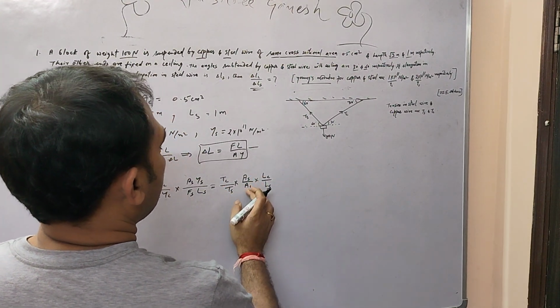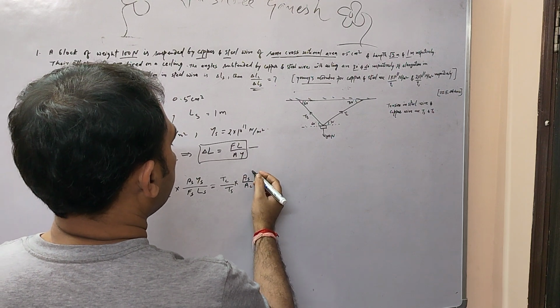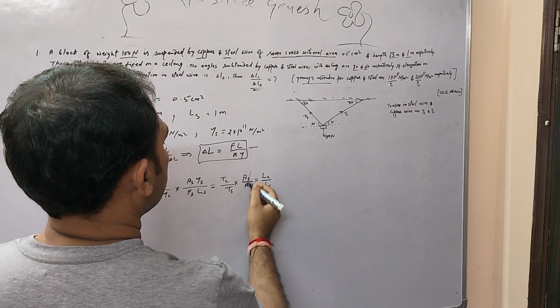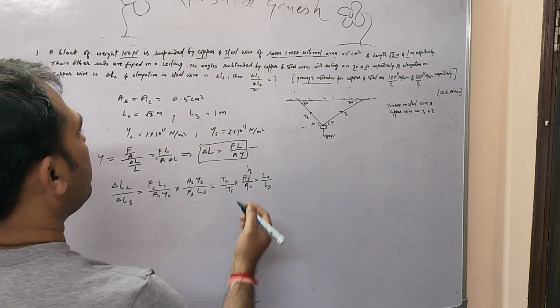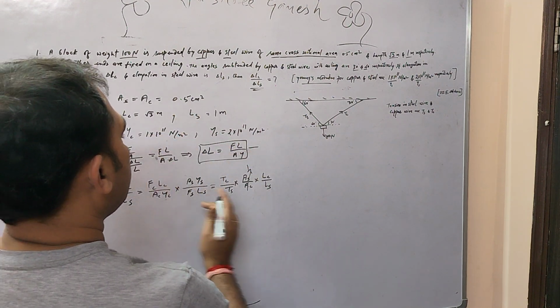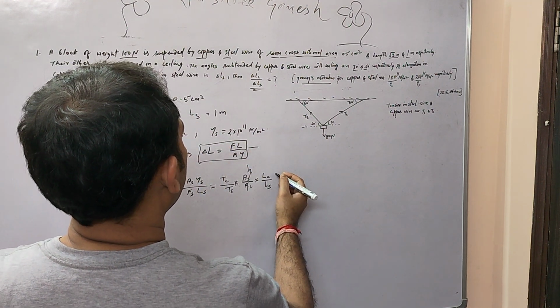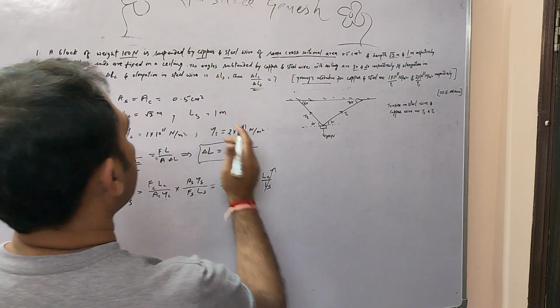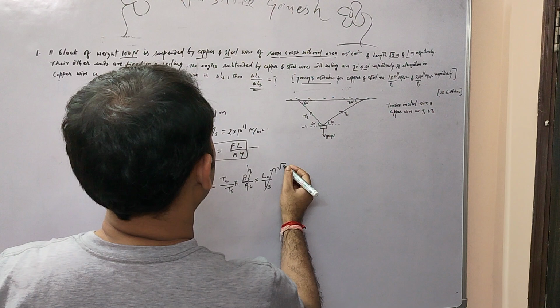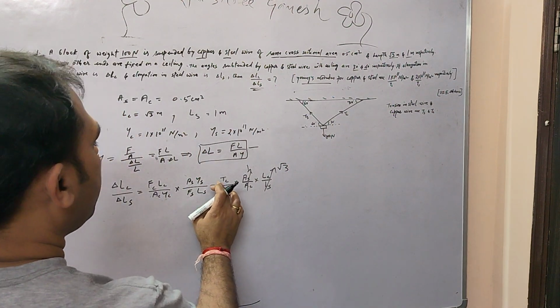This is given, both are equal, so this will be equal to 1. From here, now LC upon LS, that will become root 3. Only we have to find TC upon TS.